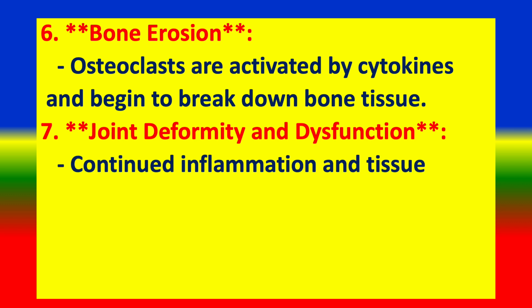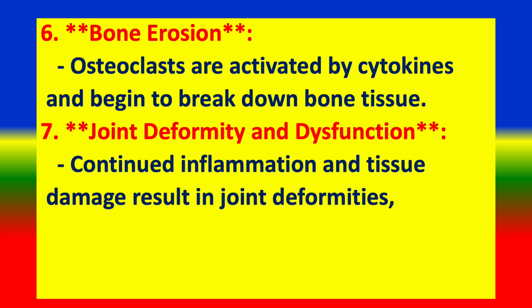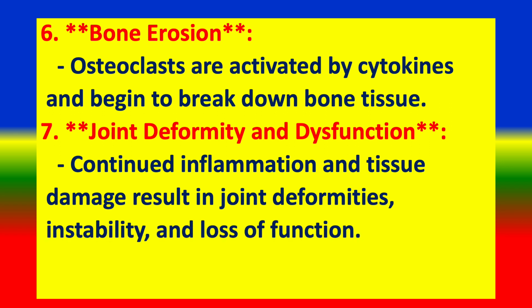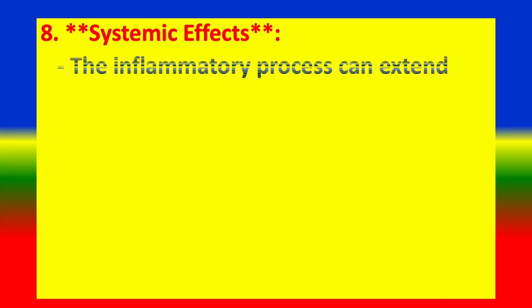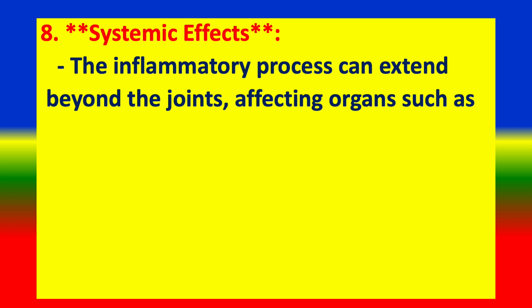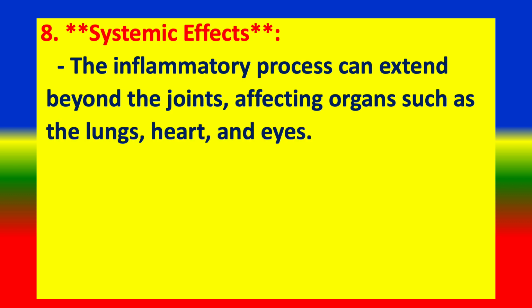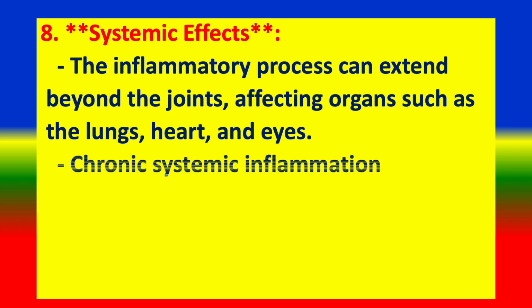Continued inflammation and tissue damage result in joint deformities, instability and loss of function. 8. Systemic effects. The inflammatory process can extend beyond the joints, affecting organs such as the lungs, heart, eyes.